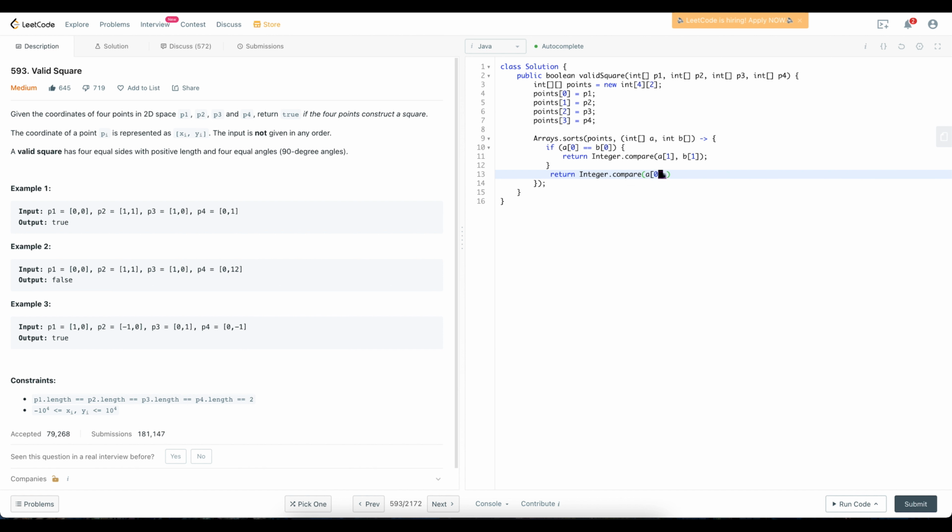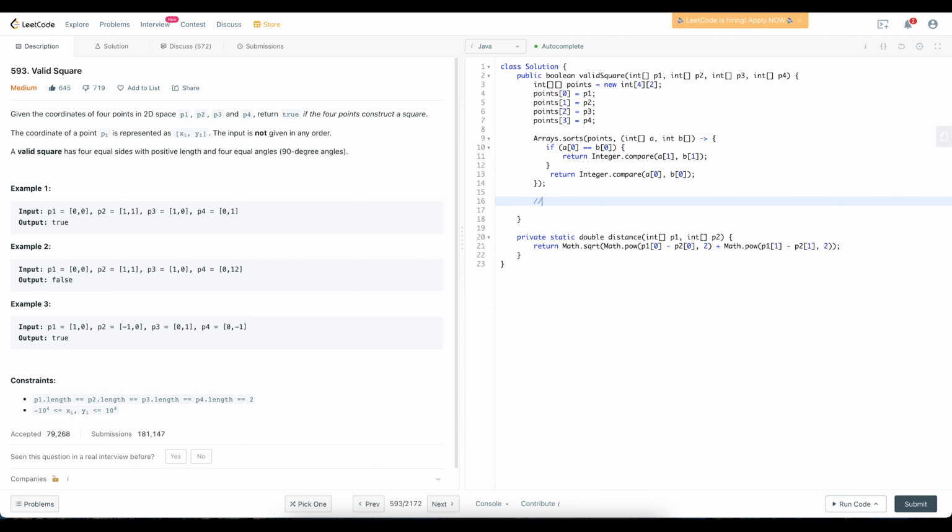Otherwise, we're going to compare them by their x coordinate. Now let's create a helper function to compute the distance between any 2 points, p1, p2. Recall from math class that the distance is computed as the square root of x1 minus x2 squared plus y1 minus y2 squared.